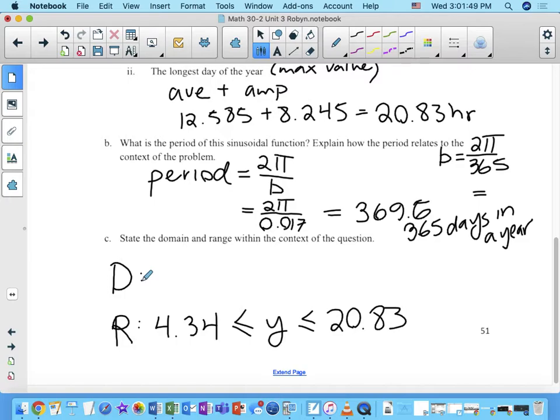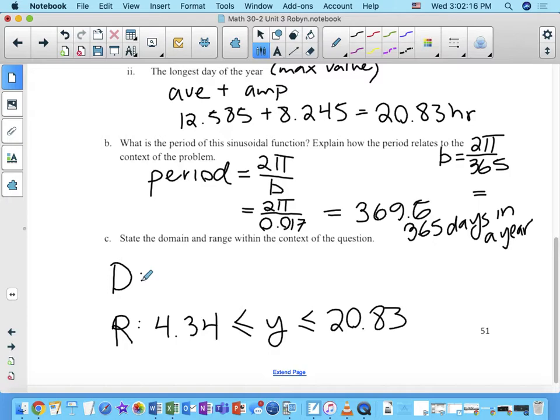I think I'm going to say it's 0 to 365. No, but I think that we're going to say that it's continuous, because if you're on day 0.5, that's like January 1st at 12 p.m. So the end of the first day would be the end of January 1st. Does that make sense? You can have part of a day.